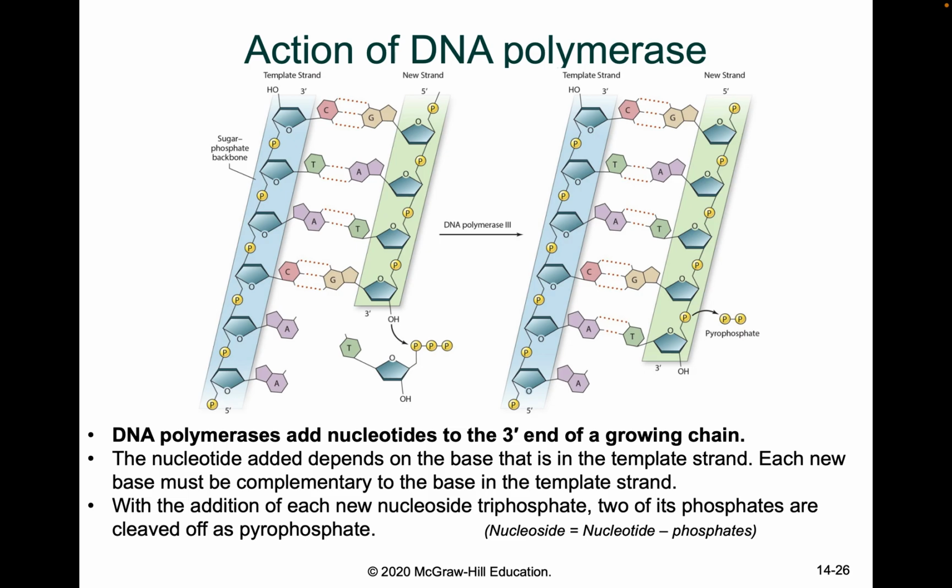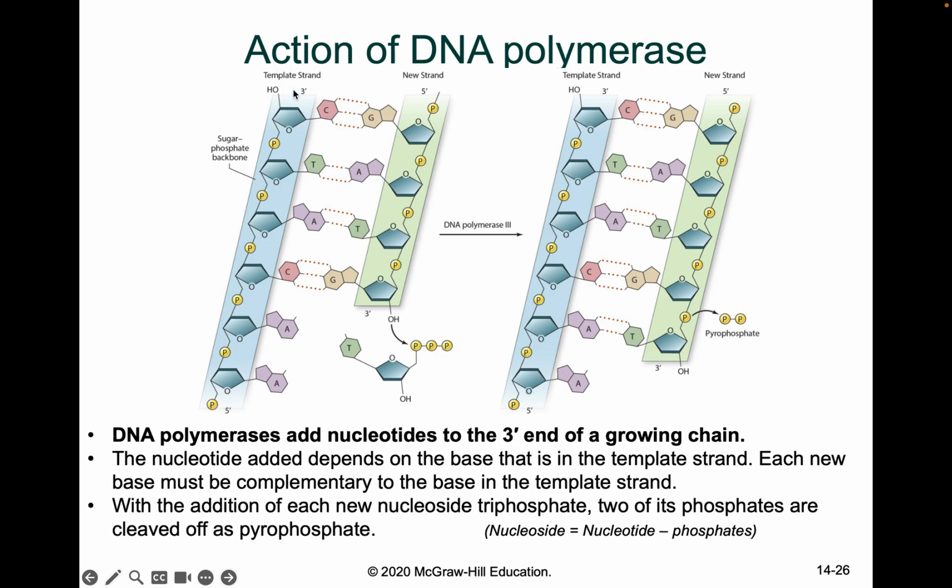Let's talk more about the action of DNA polymerase. DNA polymerase is the enzyme that does all of the synthesis of the new DNA strand. One of the negatives of DNA polymerase is that it's only able to add nucleotides to the 3' end of the growing chain, meaning that it puts DNA from 5' to 3' on a new strand.